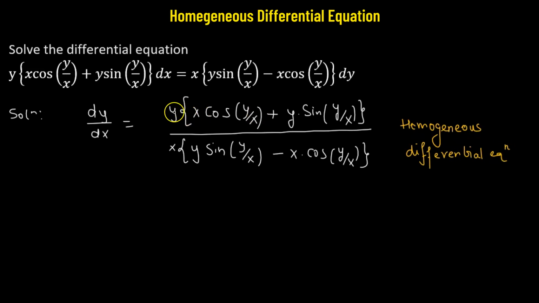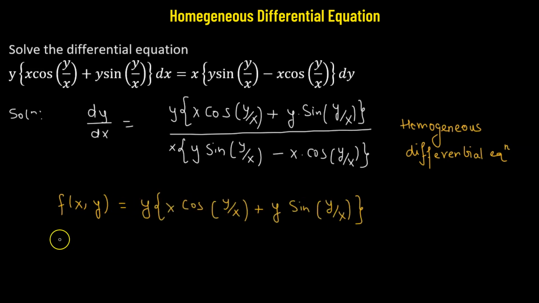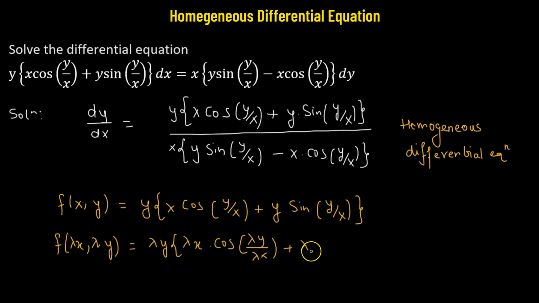The reason being, if we consider the expression in the numerator, represented by the function f of x comma y, and we substitute x with lambda x and y with lambda y, then we get lambda squared times f of x comma y.